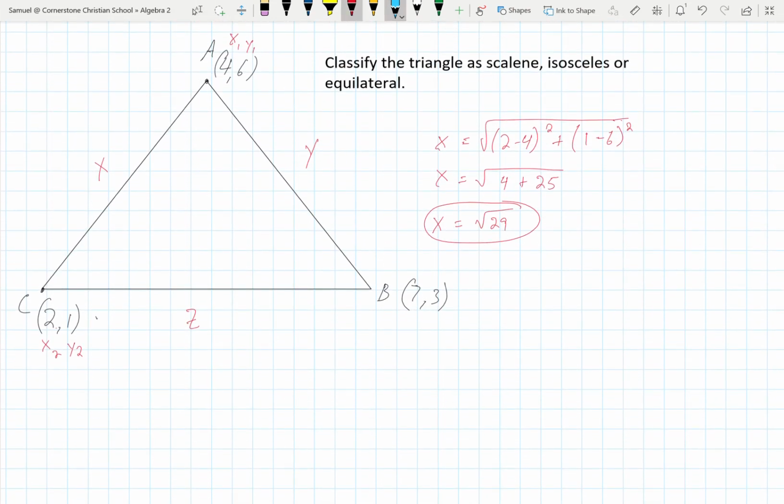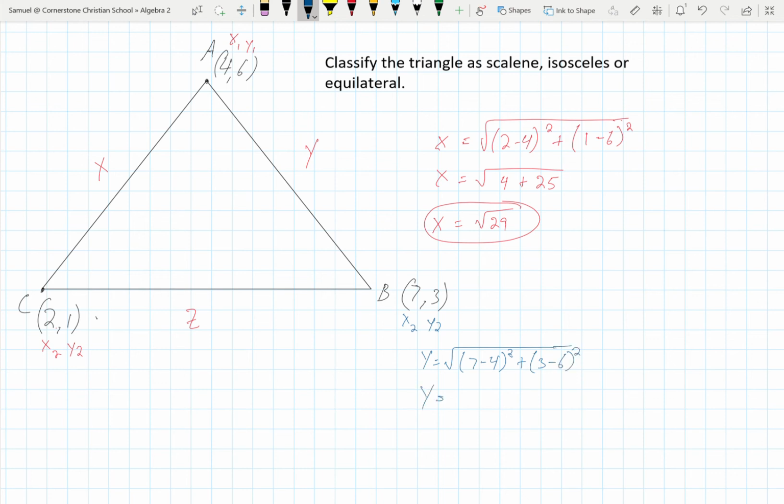Y is next. So let's find what y equals. Y equals the square root. Let's just leave A as x1 and y1, and I'm going to call B x2 and y2. So it's going to be 7 minus 4 squared plus 3 minus 6 squared.